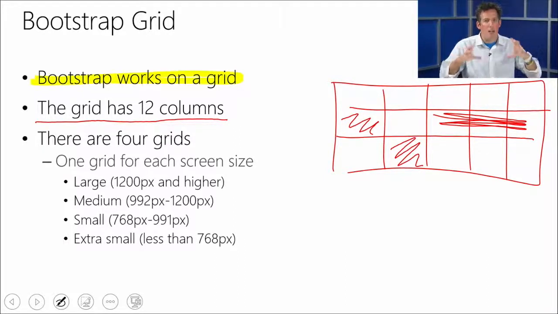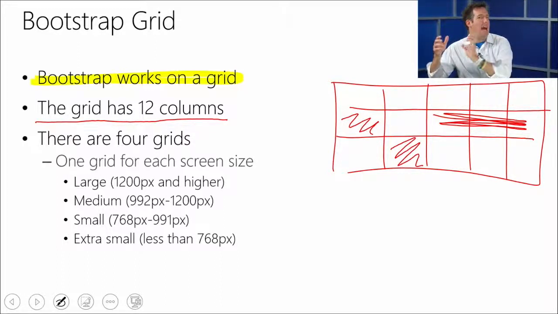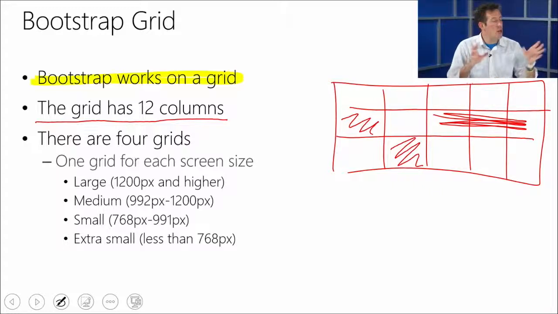We're worried about relative space, in particular, relative space compared to other items on the page. So this frees us up from having to focus on, well, I want it to be 300 pixels. Not really. I just want it to be 3 times as big as something else over here. Instead of thinking in terms of pixels, I just think in terms of columns.